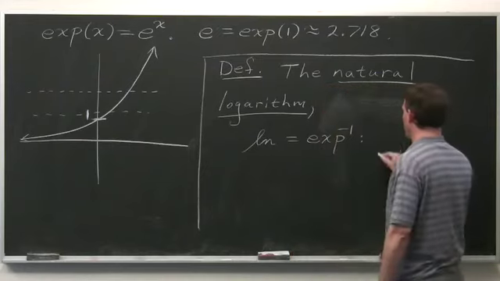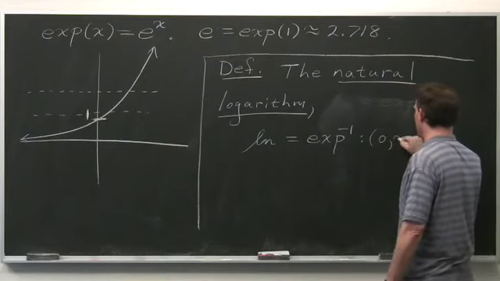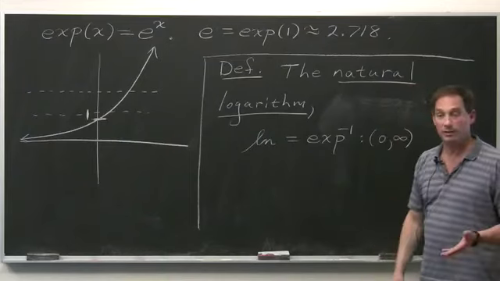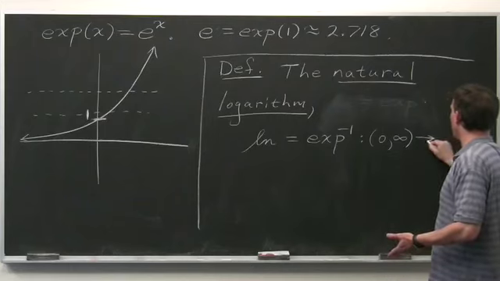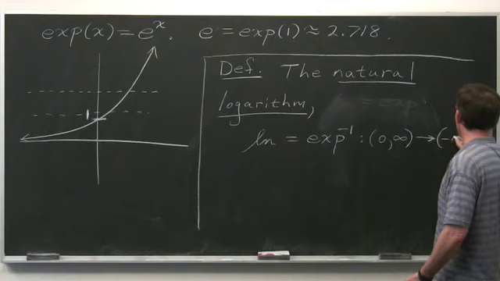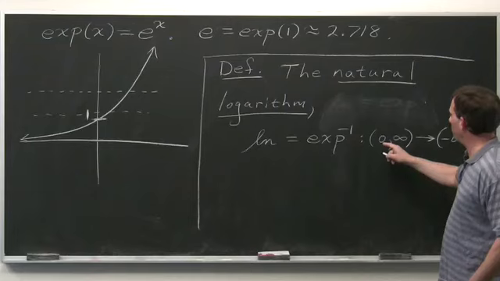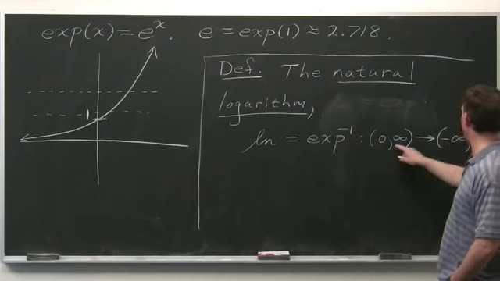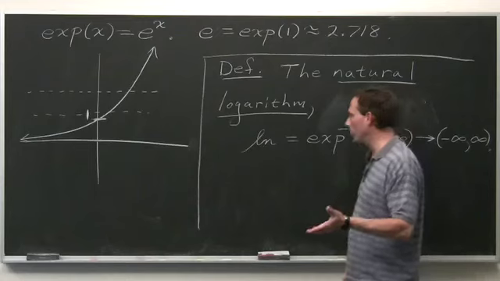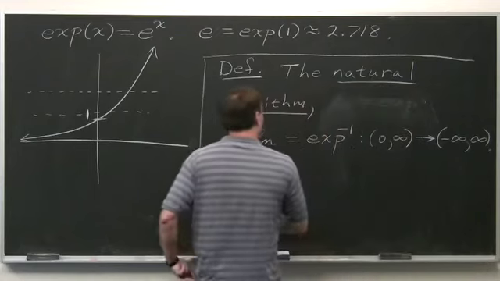So the range of the exponential function was the positive reals, so that's the domain of its inverse. And its range is the domain of the exponential function. So it goes from the positive reals and can give you back any real number at all.